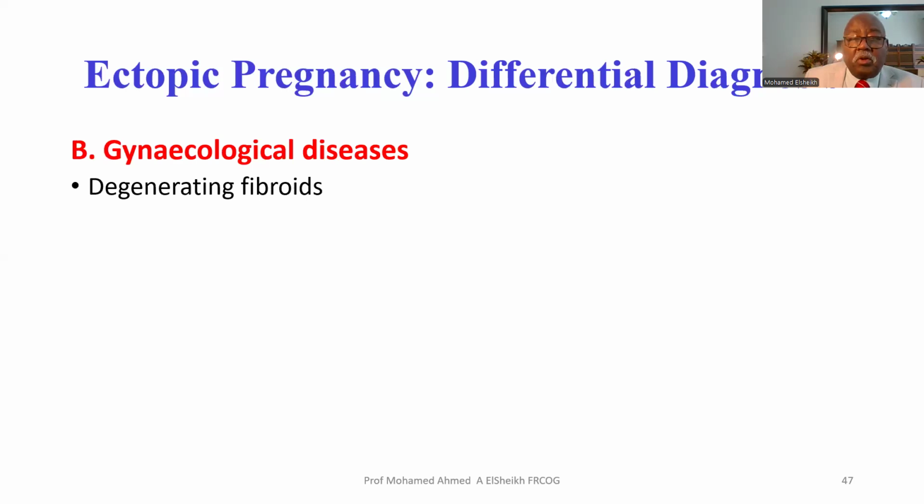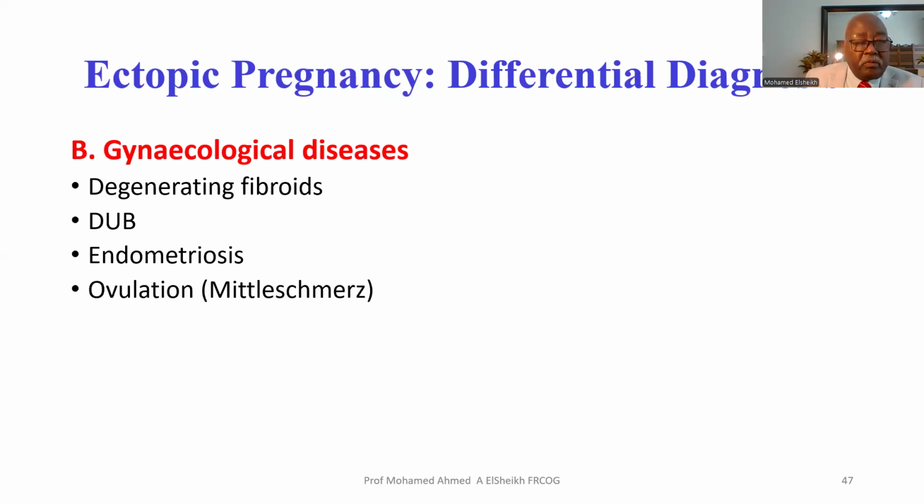Gynecological: degenerating fibroid, dysfunctional uterine bleeding. Nowadays we call it abnormal uterine bleeding or heavy menstrual bleeding. The term dysfunctional uterine bleeding has been changed into abnormal uterine bleeding or heavy uterine bleeding.